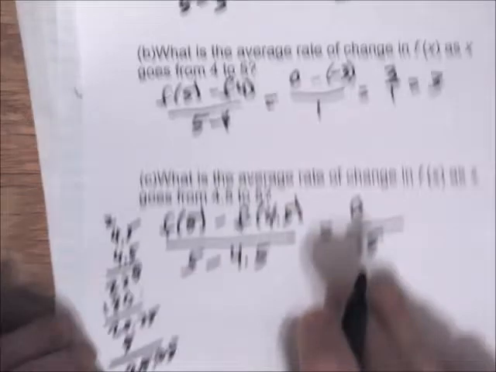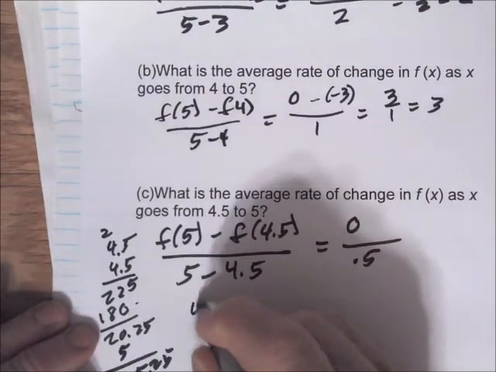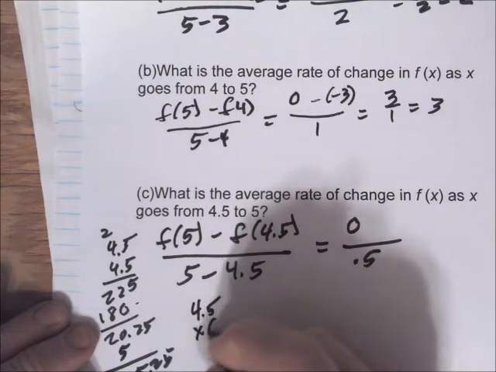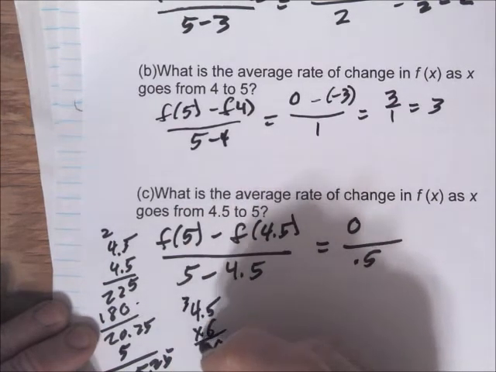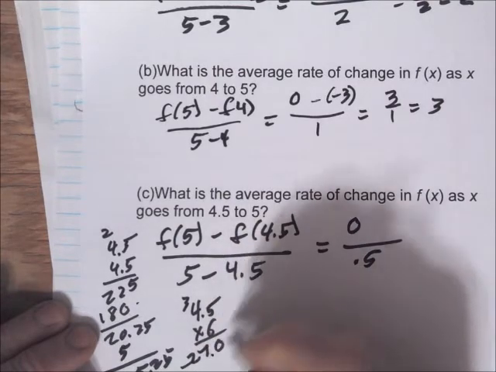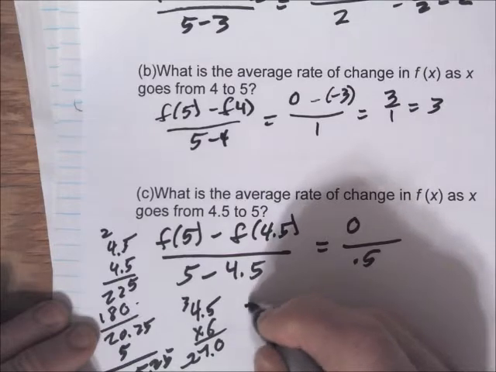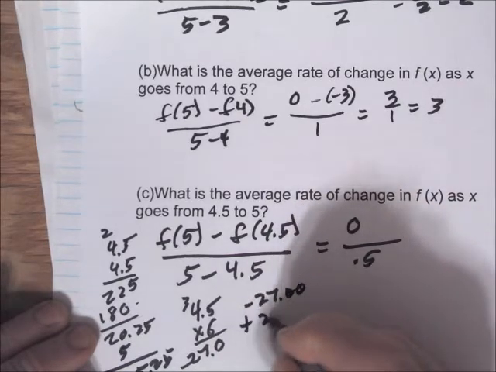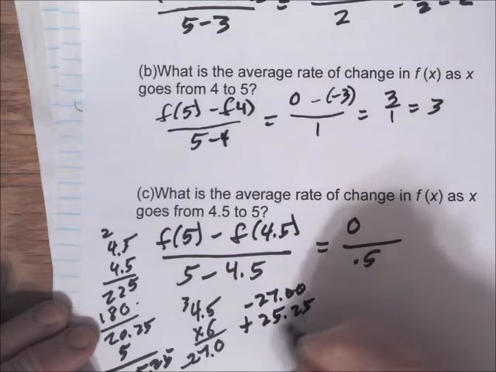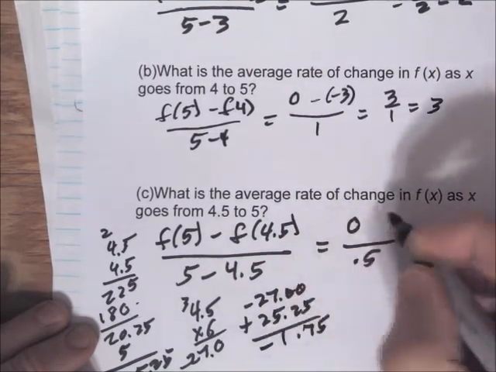And then we have minus 6 times 4.5, which is 27, so minus 27.00 plus 25.25 gives negative 1.75.